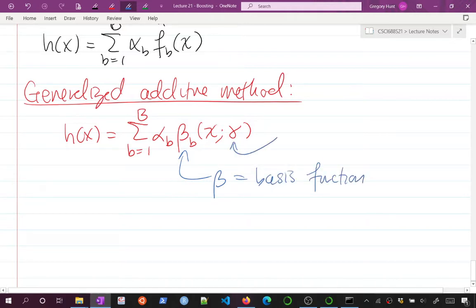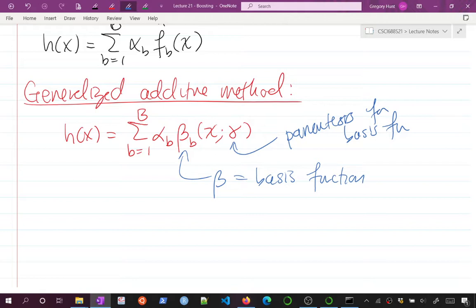The gammas are whatever the parameters are for our basis functions. For polynomials, the gammas would be like the coefficients. For trees, the betas could be trees, and typically they are.